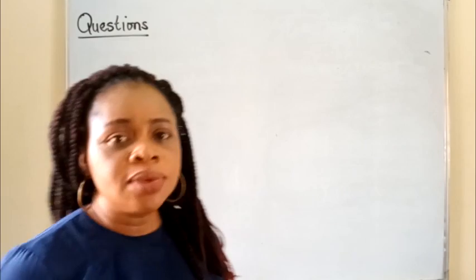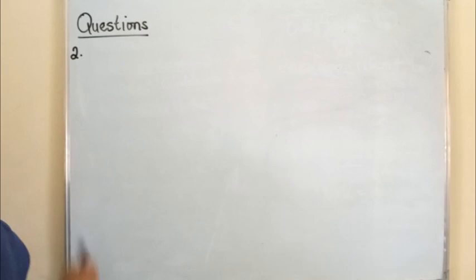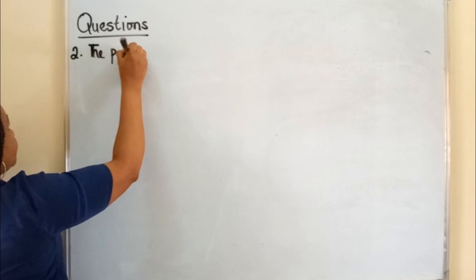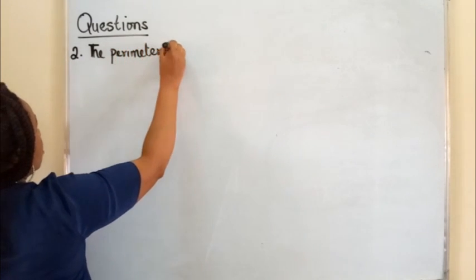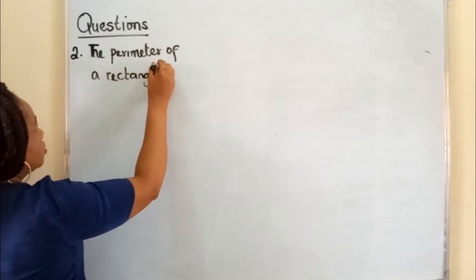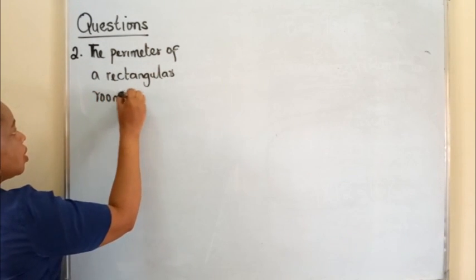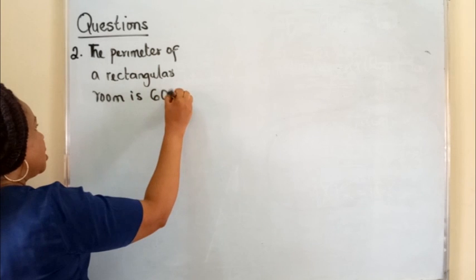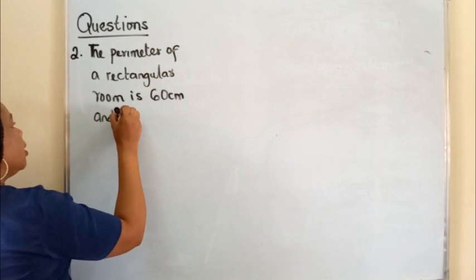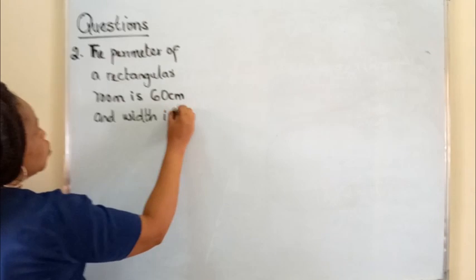Again, let's look at another question. Let's say question number 2. The perimeter of a rectangular room or object is 60 centimeter and its breadth or width is 12 centimeter.